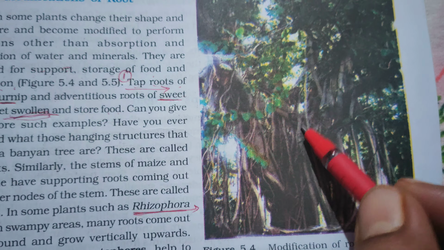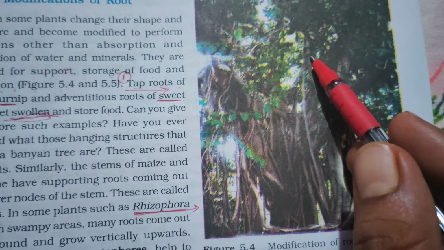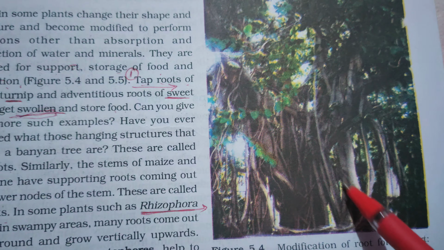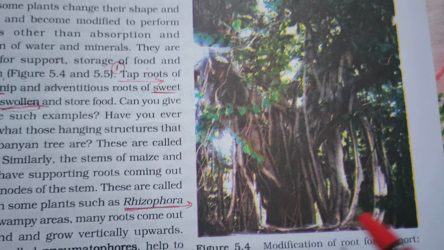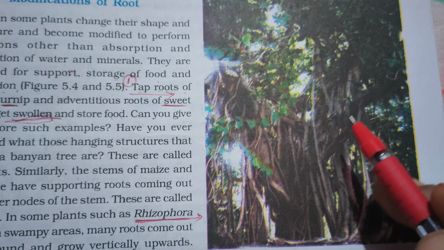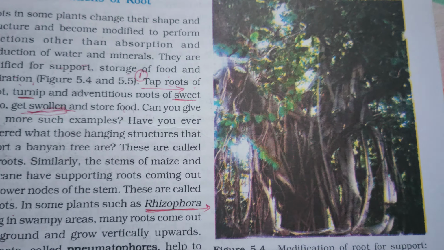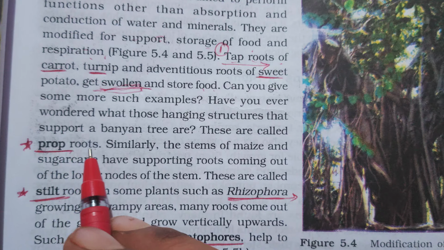These are roots which originate from the stem part of the plant. When they come in contact with the soil, they form other roots to give maximum support for the growth of the plant. That is the prop root.